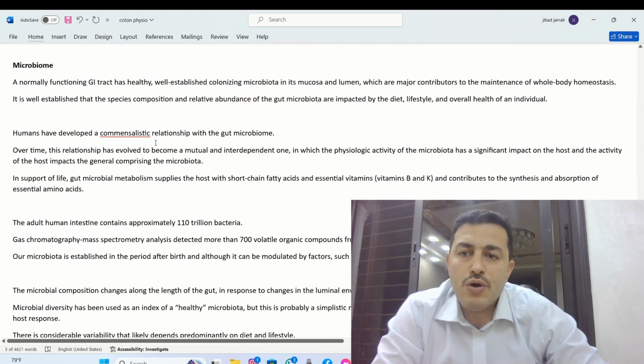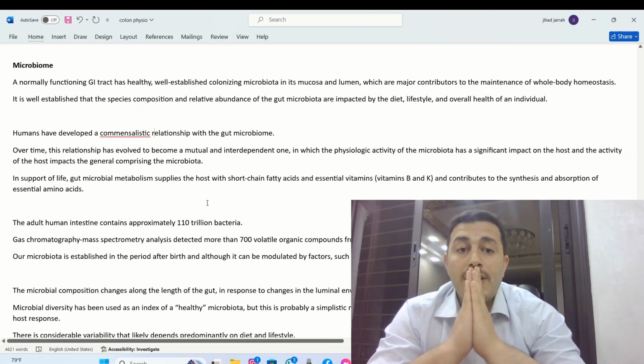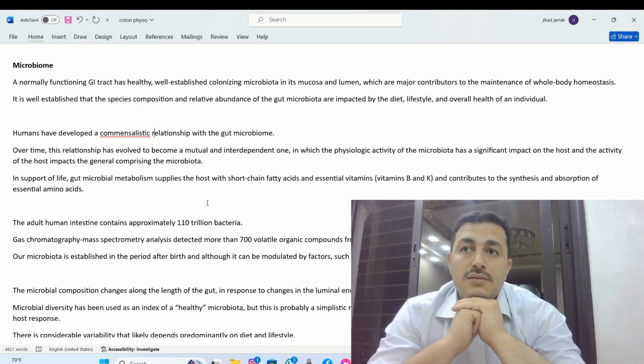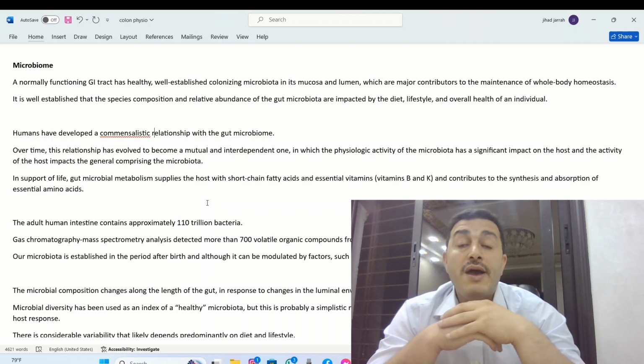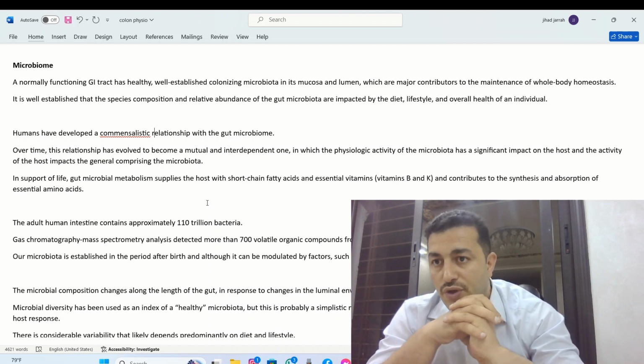Okay, microbiome, the last part of this lecture. We actually talked about the importance of the microbiome and the reflection of the function and physiology of the colon.